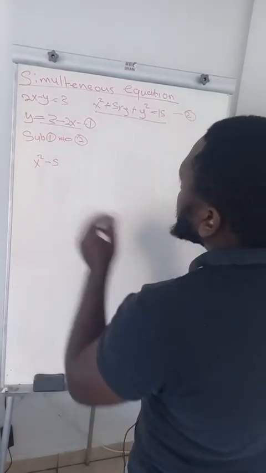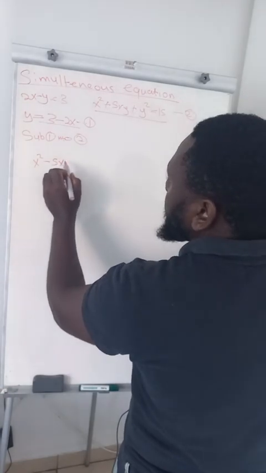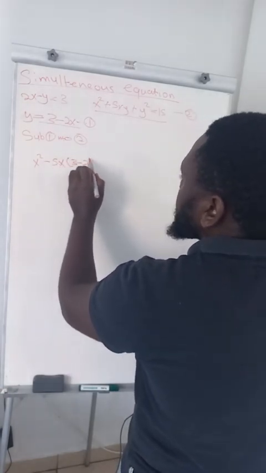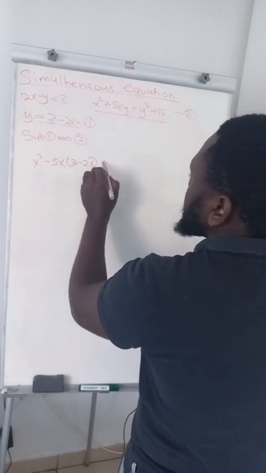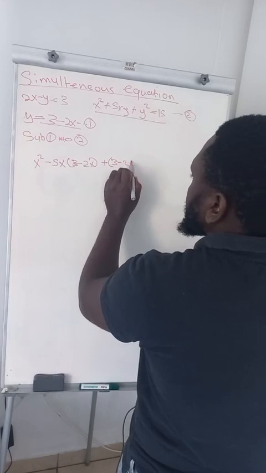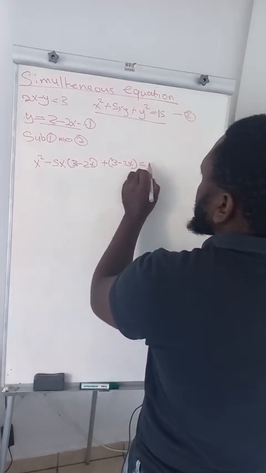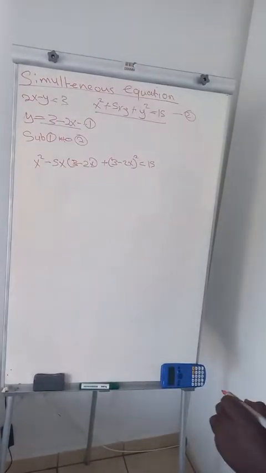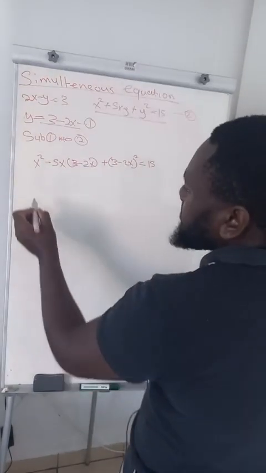This will just be x here, and then where there is y, you're placing 3 minus 2x, and then plus where there is y squared, you place 3 minus 2x, squared here, and then equals to 15. So once you have this now, let's simplify.